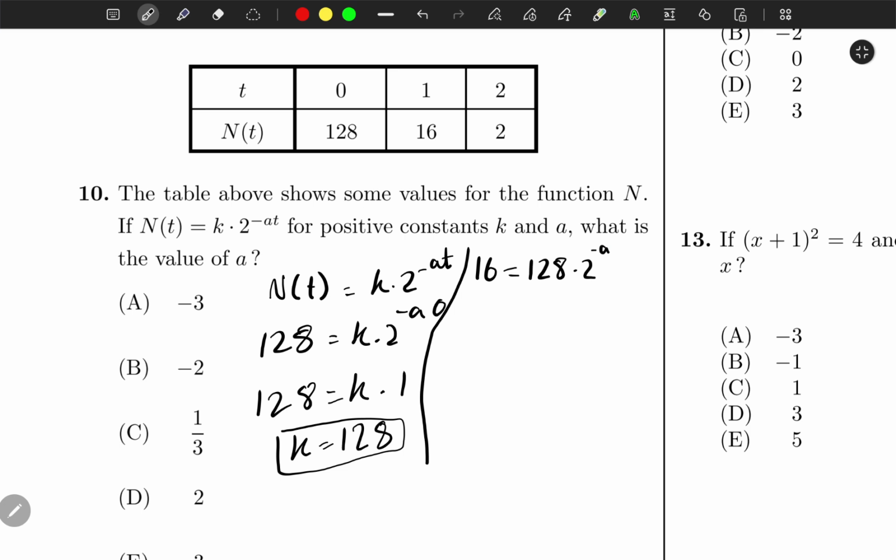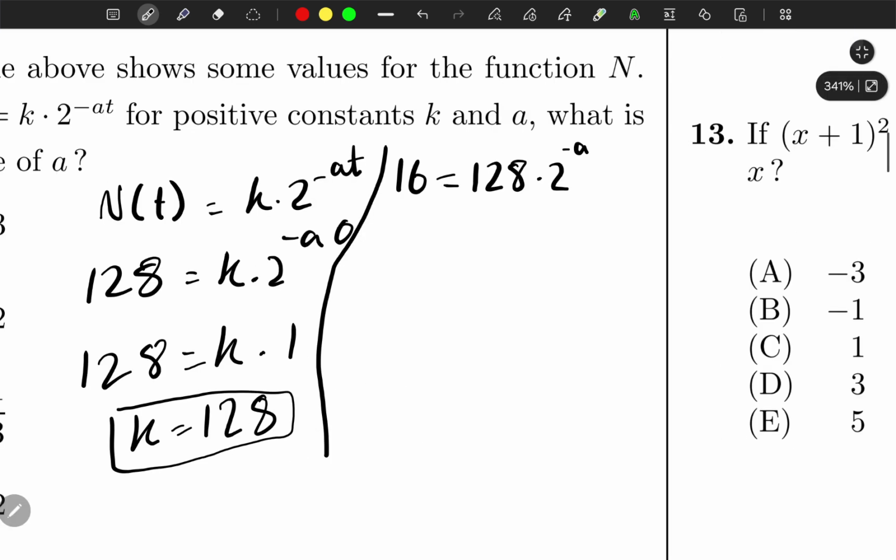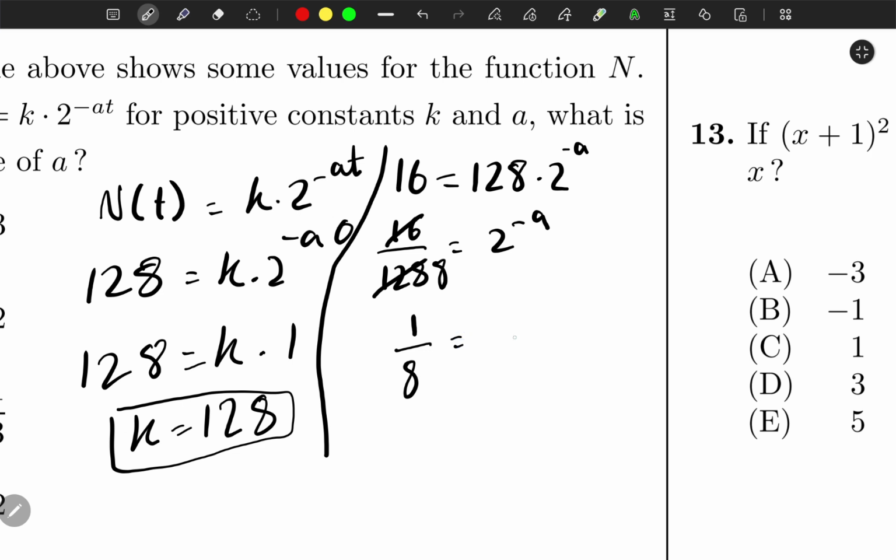And this is what we have. Then we'll divide by 128 on the other side. That's going to give us 16 over 128 is equal to 2 raised to minus a, right? And what can we do then? We'll just divide it. 16 goes into 16 once, and into 128 eight times. And we'll be left with 1 by 8 is equal to 2 raised to minus a.